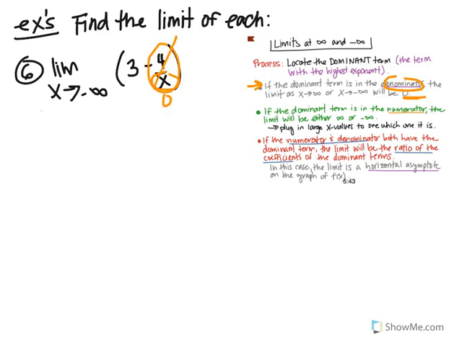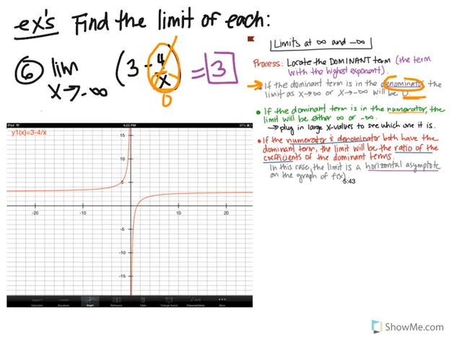So what I'm left with is just the limit as x approaches negative infinity of 3. Well, that means that the y value is always just going to be 3. And here's what the graph looks like. So as x approaches negative infinity right here, it looks like our graph is approaching y equals 3. And so there we have it.